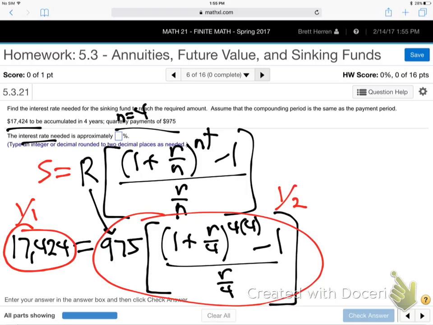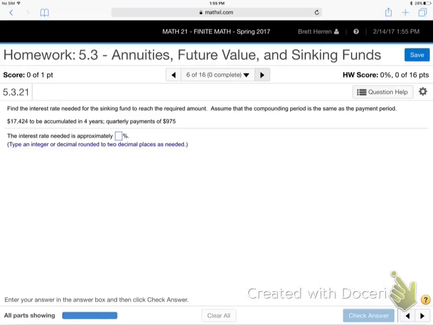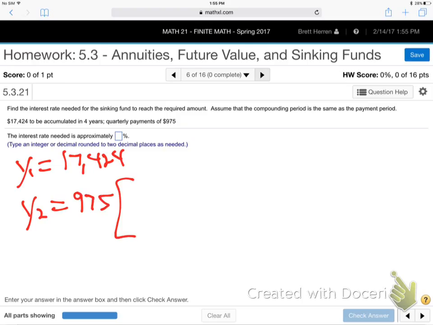So let me paste it here again. On my graphing calculator, I'm going to let y1 be the 17,424. I'm going to let y2 be the big formula on the right side, which was the 975 times 1 plus, and the r will be my x. The TI calculator uses the big X, but it represents the r.